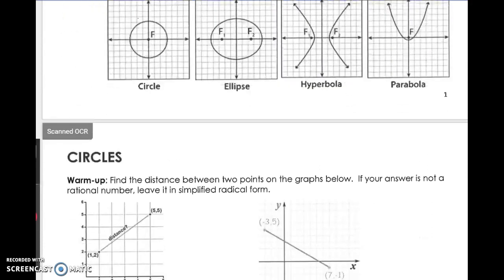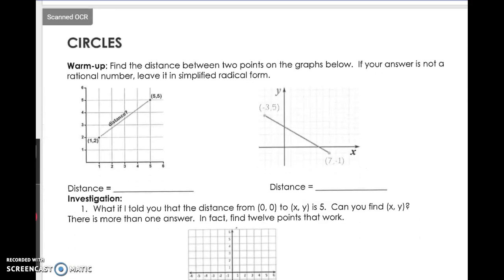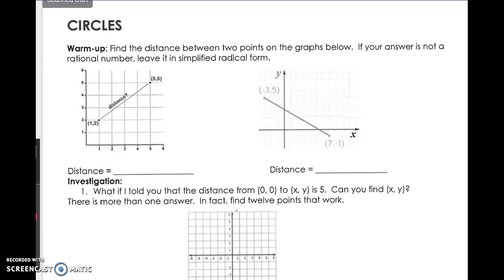Okay, so here's the really important stuff we're going to do today. We're going to talk about circles, which are not that big of a deal, but it's important to know. You need to find the distance between two points on the graphs below, and we're supposed to leave our answers in simplified radical form if appropriate. So if you look here, we want to know that distance.